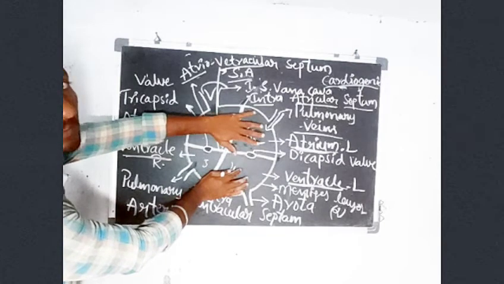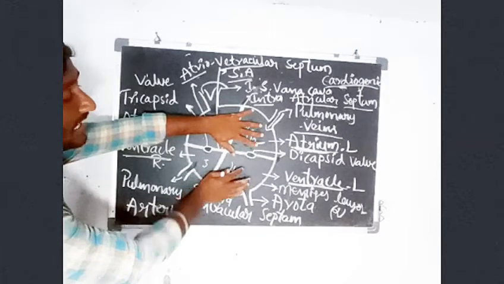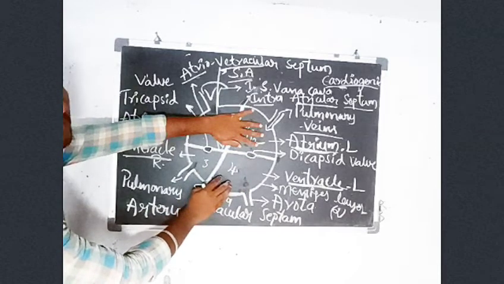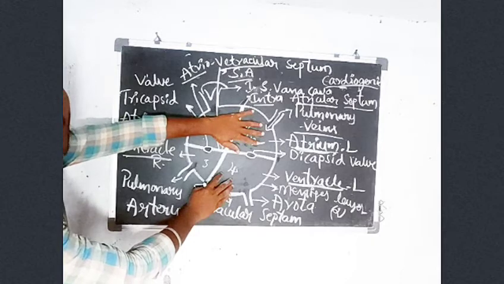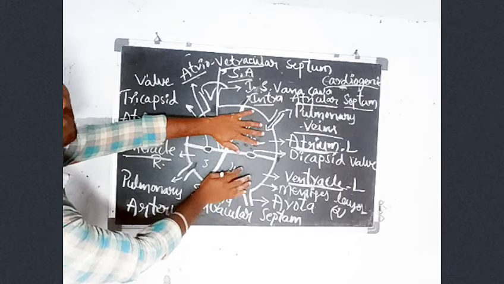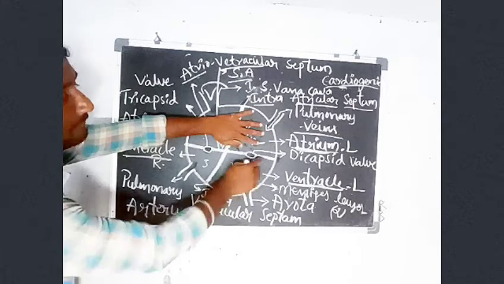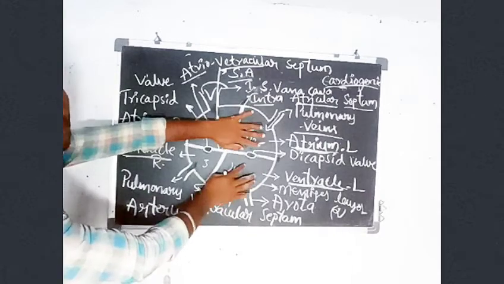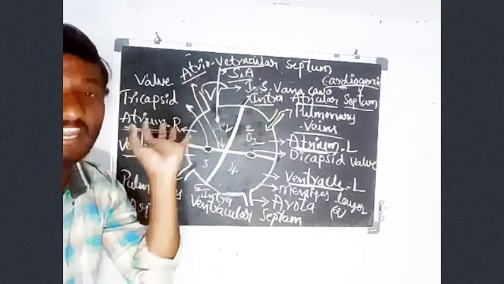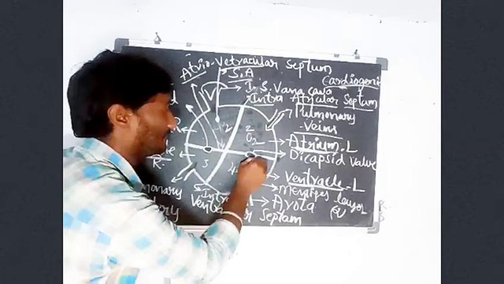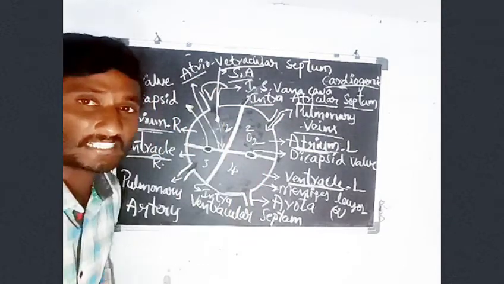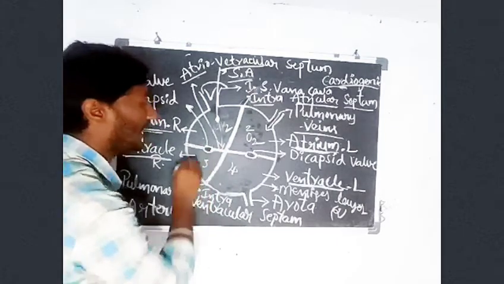The upper parts are called atriums, and the lower parts are called ventricles. With the help of this septum, 4 chambers are divided. One more important thing: on the surface of the atrioventricular septum, 2 valves are located.